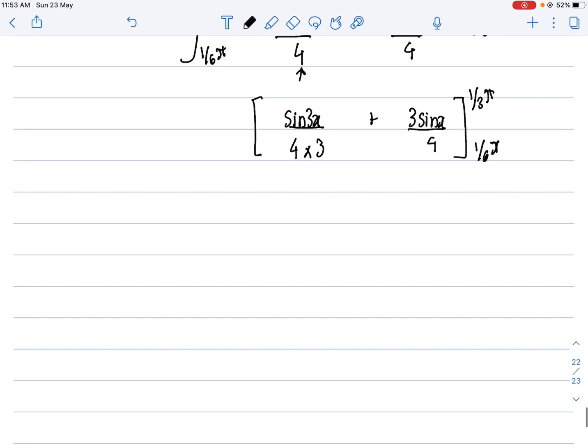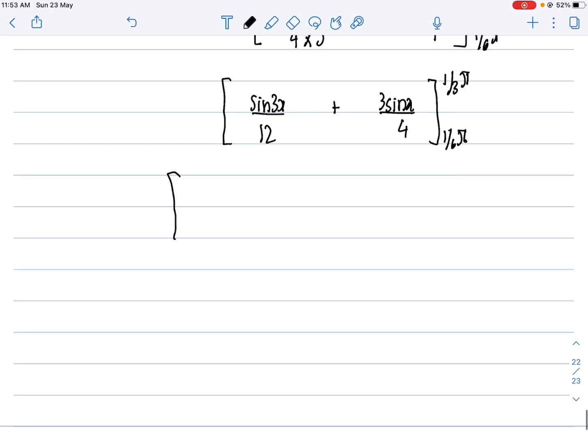So now I can basically write this as sin 3x by 12 plus 3 sin x by 4 with 1 over 3 pi and 1 over 6 pi.